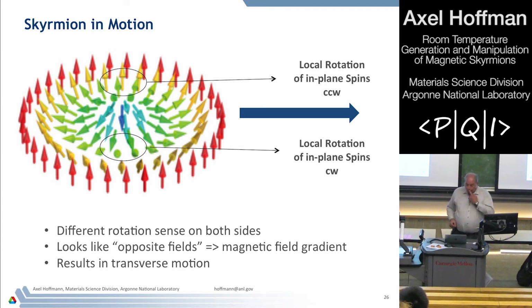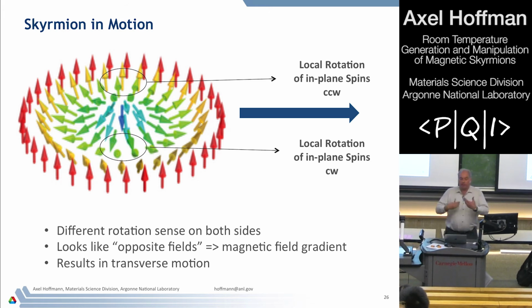Sorry, clockwise, that way. If you look at it from the perspective of the local spins, what this means is, to these spins, it looks like there's a magnetic field applied in this direction out of the plane. For these spins, it looks like there's a magnetic field pointing in the opposite direction, into the plane.